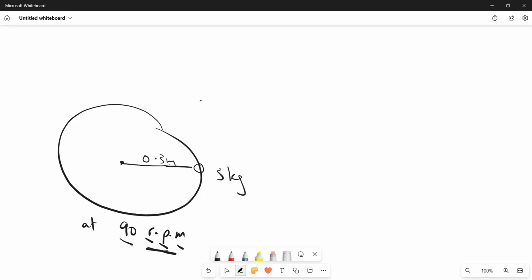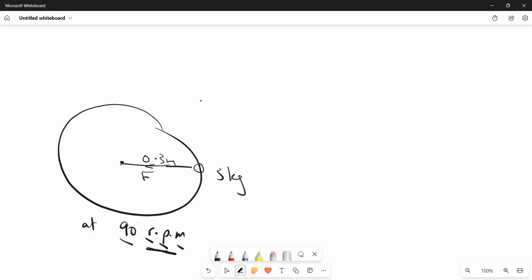Let's say the question asks for the force. What is the force that will take this 3 kilogram mass and spin it in a circle at 90 revolutions per minute?